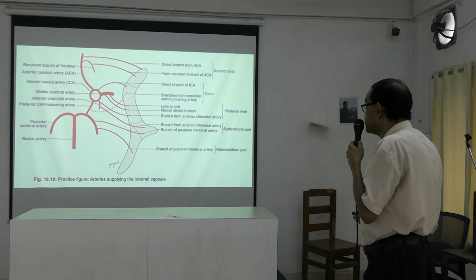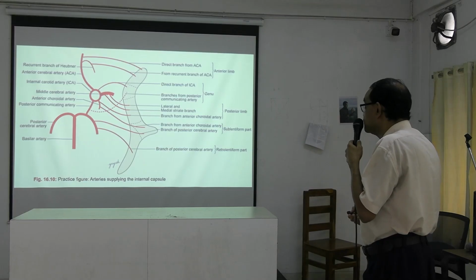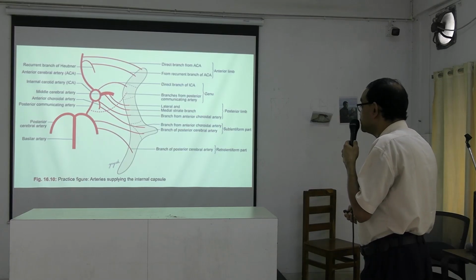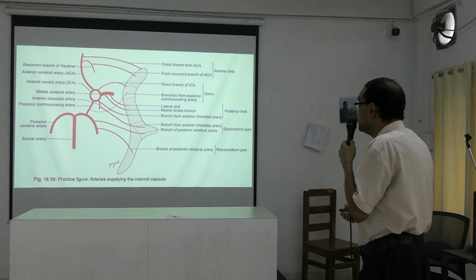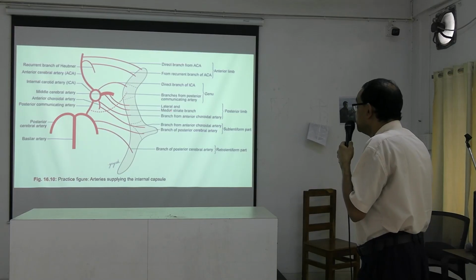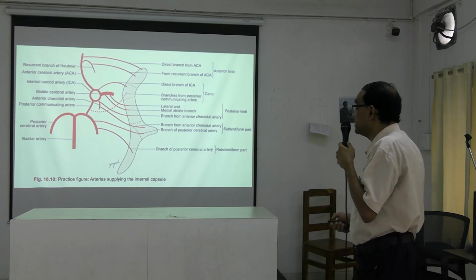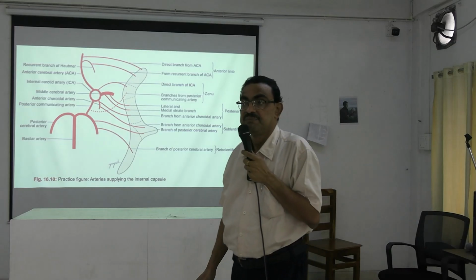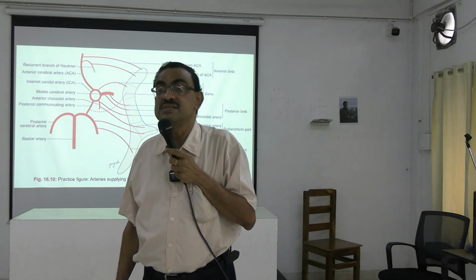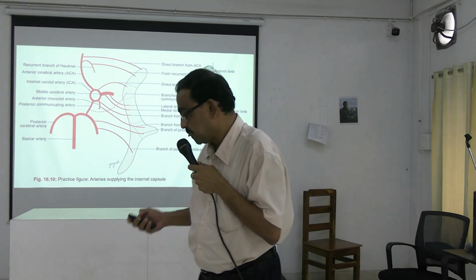And this is very important, that is the posterior limb, which is mostly supplied by the middle cerebral, the lateral and medial striate branches of the middle cerebral, which is called Charcot's artery.